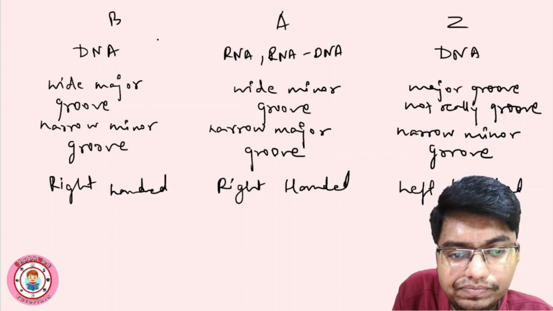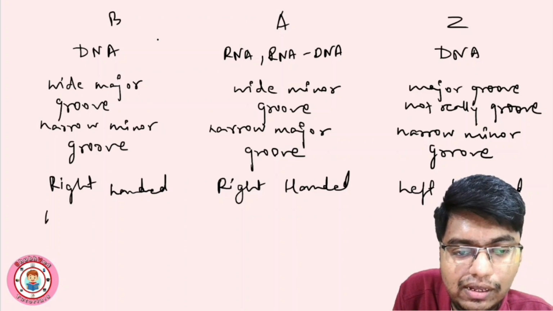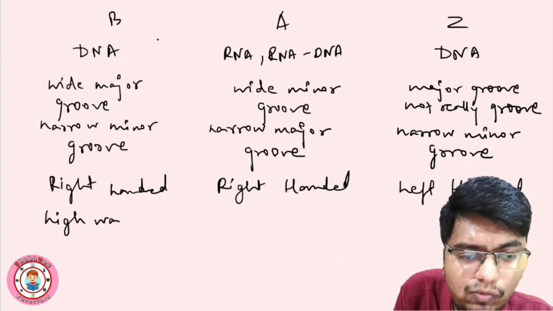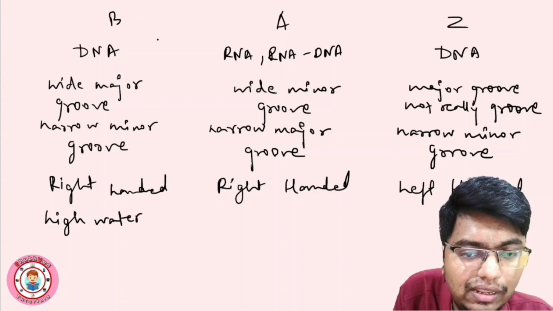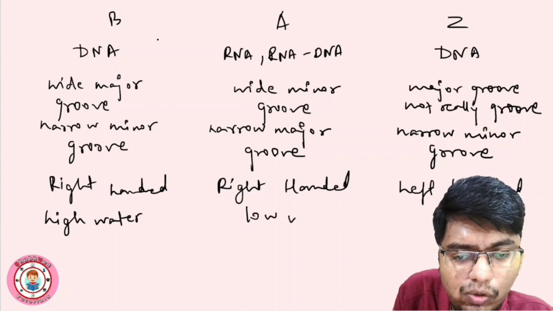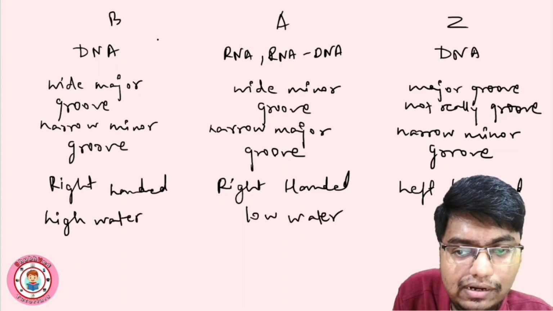B form is favored at high water concentration, A form at low water concentration, and Z form at high salt.